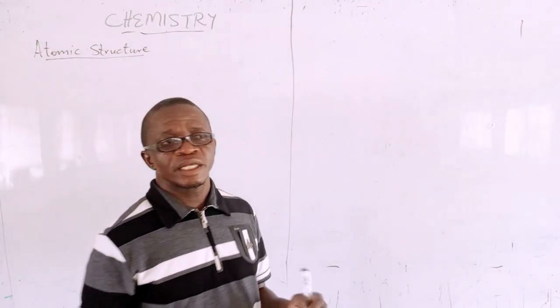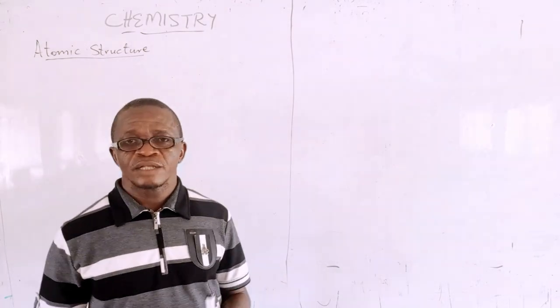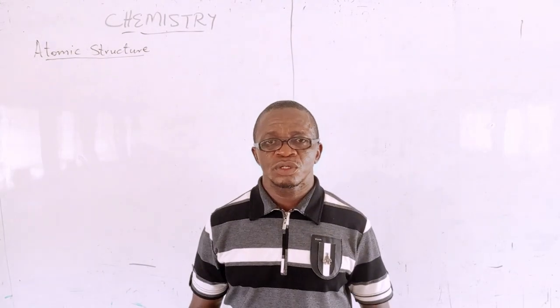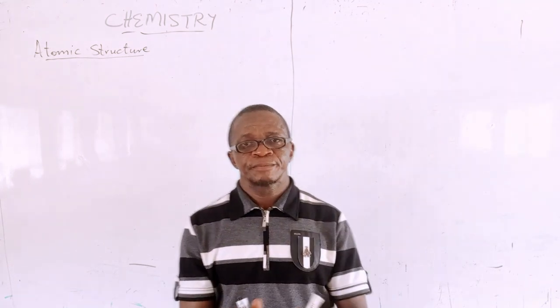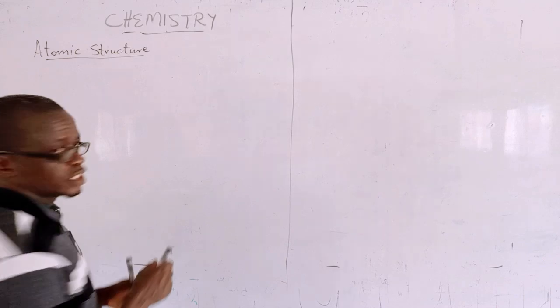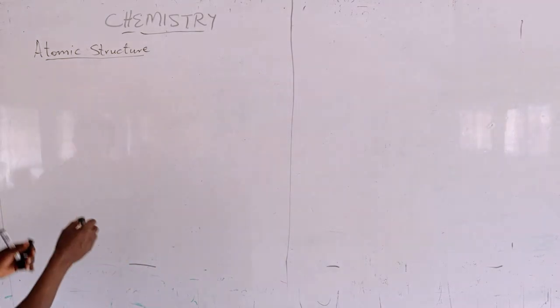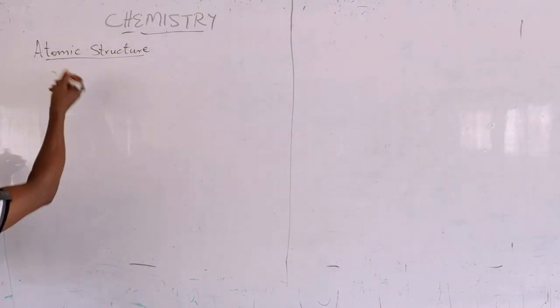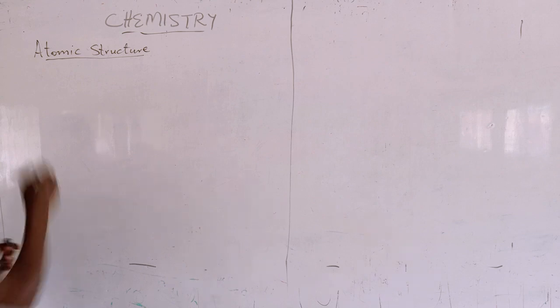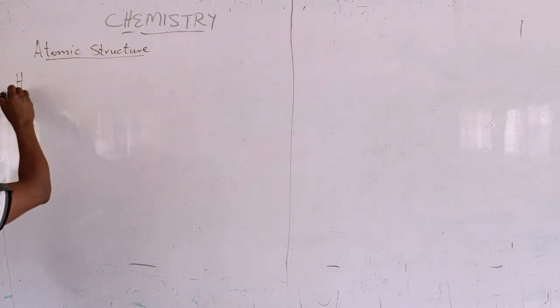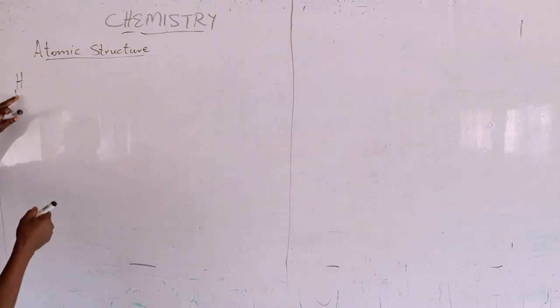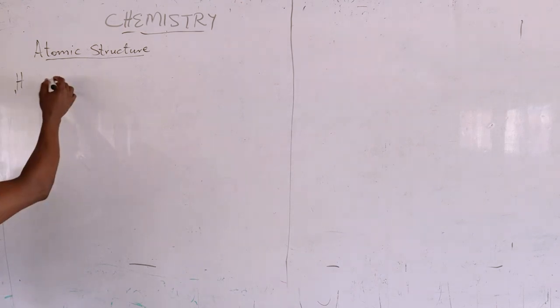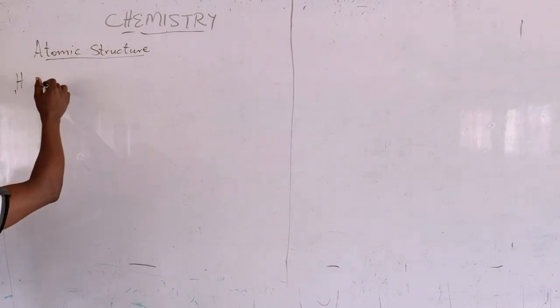So as I said earlier, atomic structure has to do with the way it looks like. Hydrogen is the first element in the periodic table with atomic number 1. So if I say hydrogen, that's the symbol with atomic number 1. Now it has a structure.